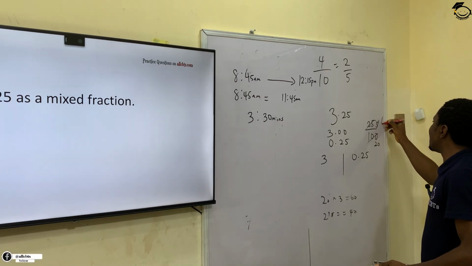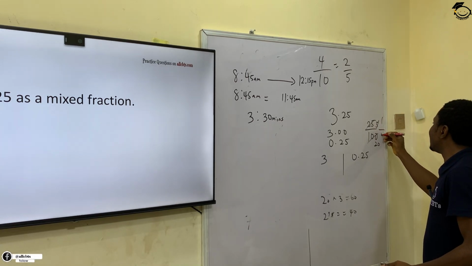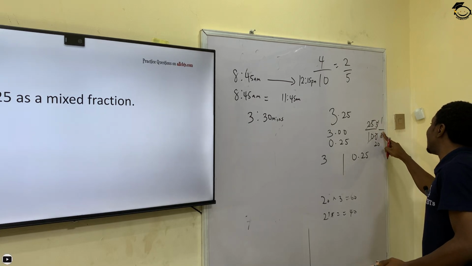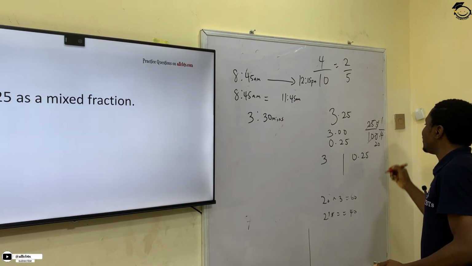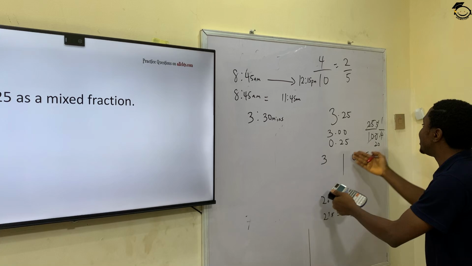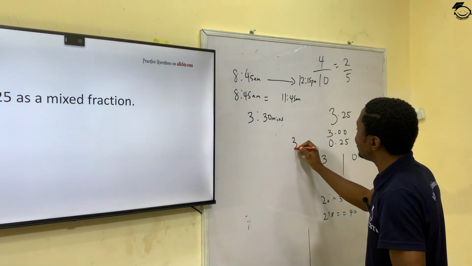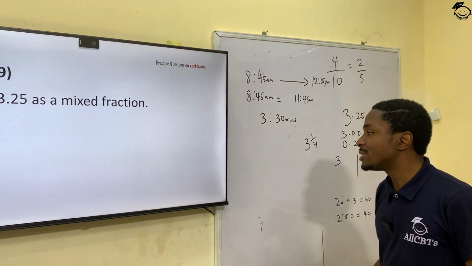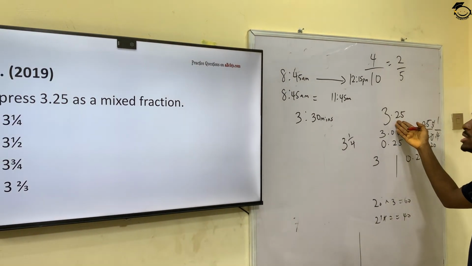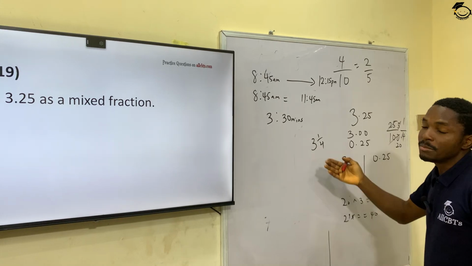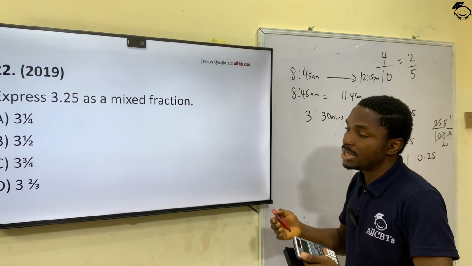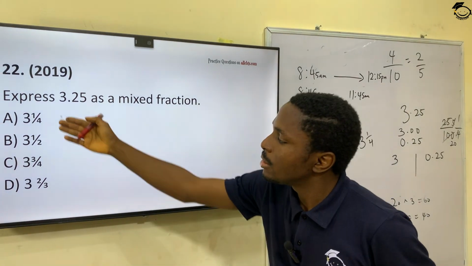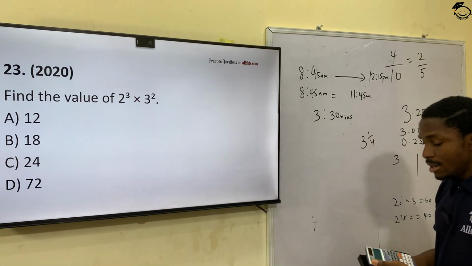Then you use 5 again: you have 1, and here you have 4. By the time you bring your 3 and your 1 over 4 together, you have 3 and 1 over 4, right? Correct, so that's option A. So we have been able to change the decimal number to a mixed fraction, or mixed number. That's option A.